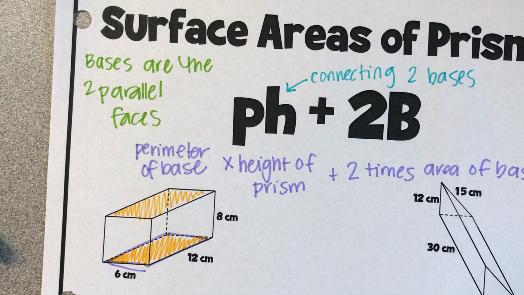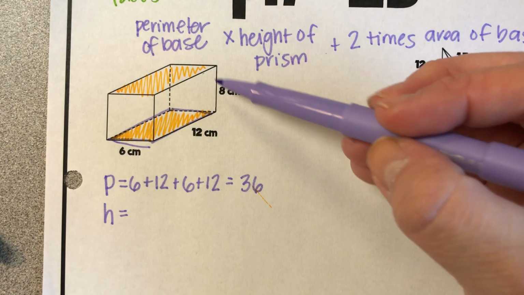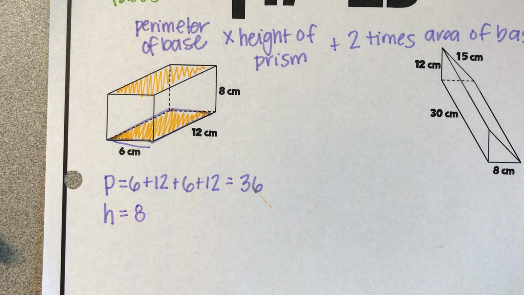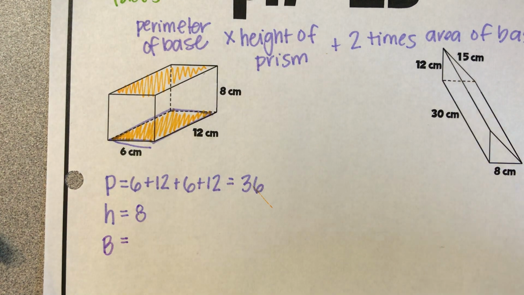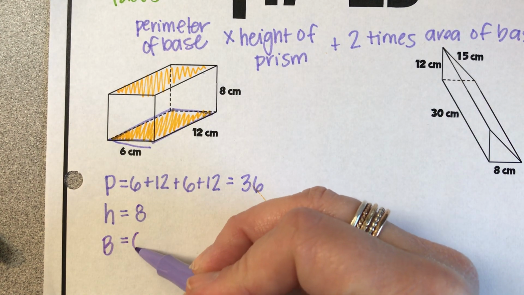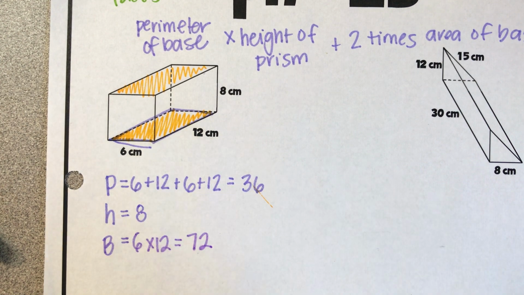So the height of this prism, what is connecting those two parallel bases? 8. And now what we need to know is the big letter B, which stands for area of the base. This is why we reviewed those basic geometry formulas last chapter. The area of this base, it's a parallelogram. That is 6 by 12, which would be 72.